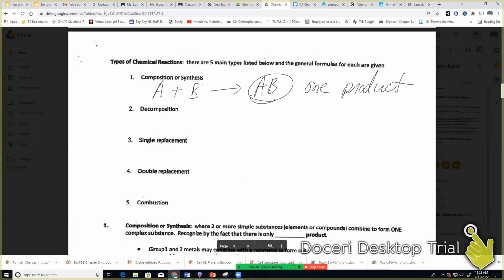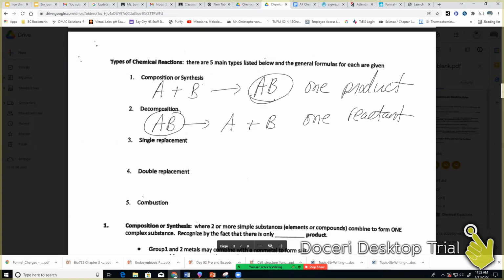Decomposition is kind of the reverse, because you start with the more complex substance and it's broken down. So on this, you have just one reactant. These are kind of the opposite of each other, and they are the 2 that we're going over today.